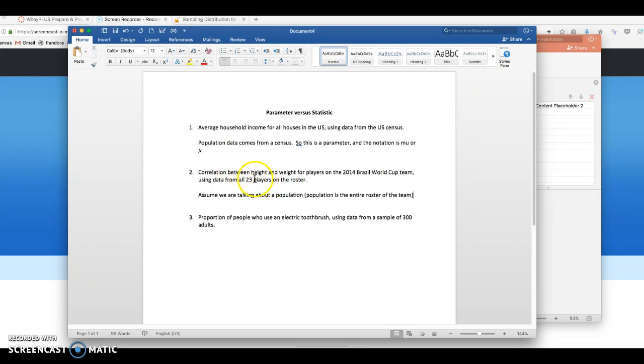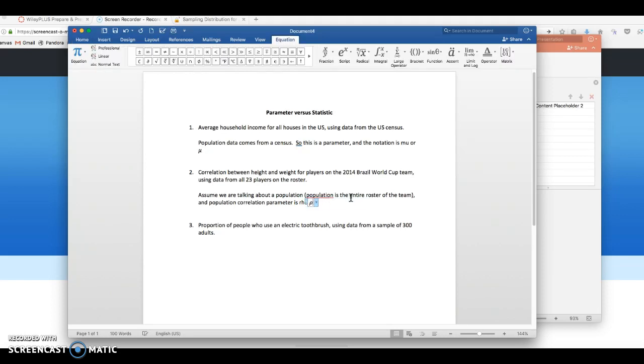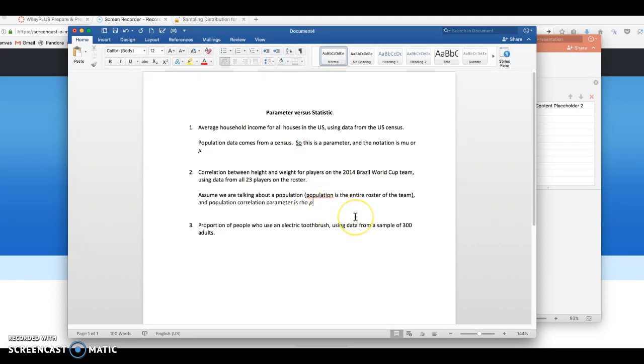We could think of this as a sample, but since this says from all 23 players on the roster, we're going to think about it as a population, and the population correlation parameter is that Greek letter rho, which kind of looks like a scripty P.